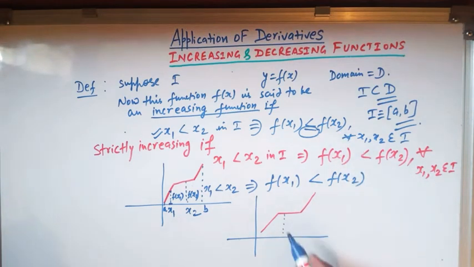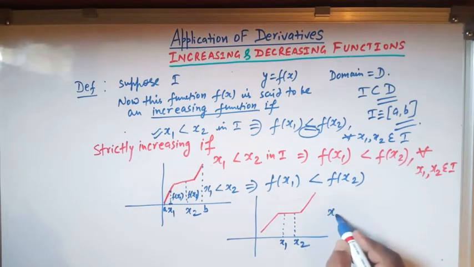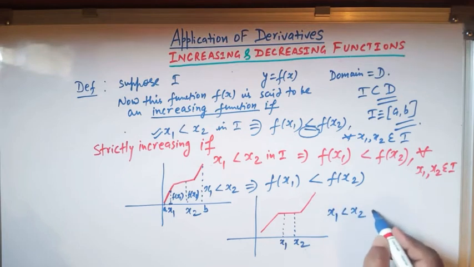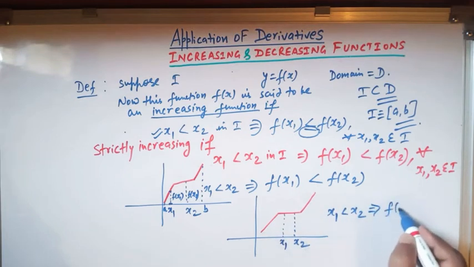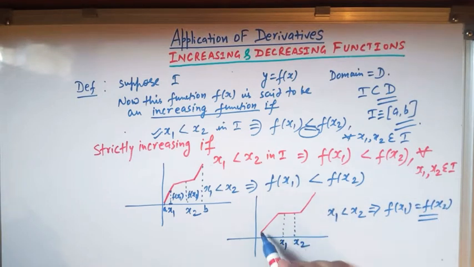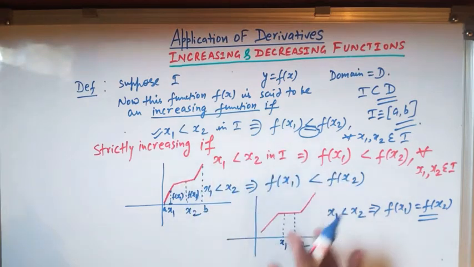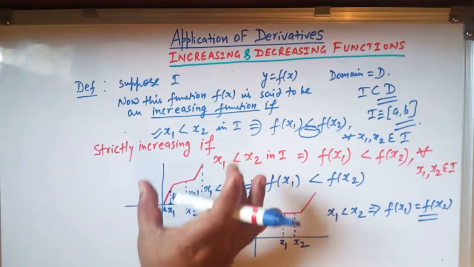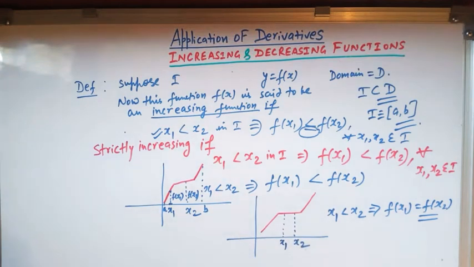For instance, if we have x1 here and x2 here, although x1 is less than x2, f(x1) may be equal to f(x2). This is still an increasing function. So this is how we explain the definition of increasing function.